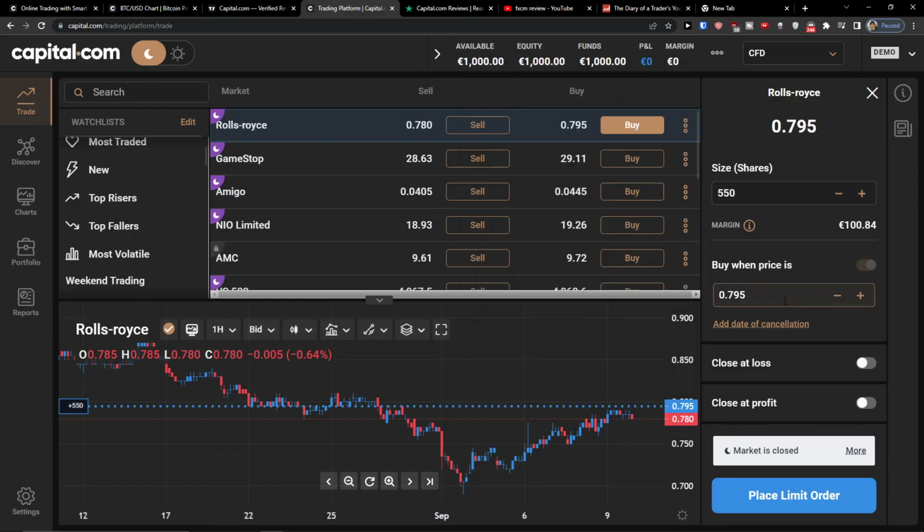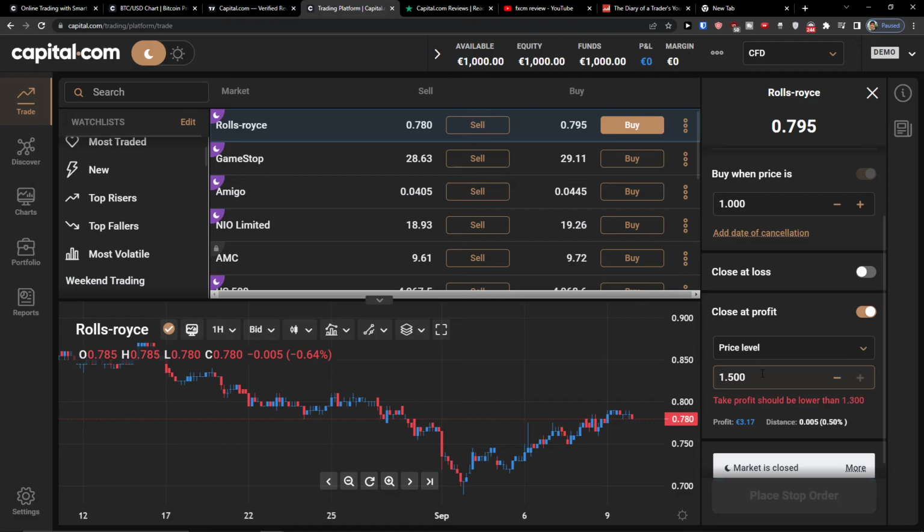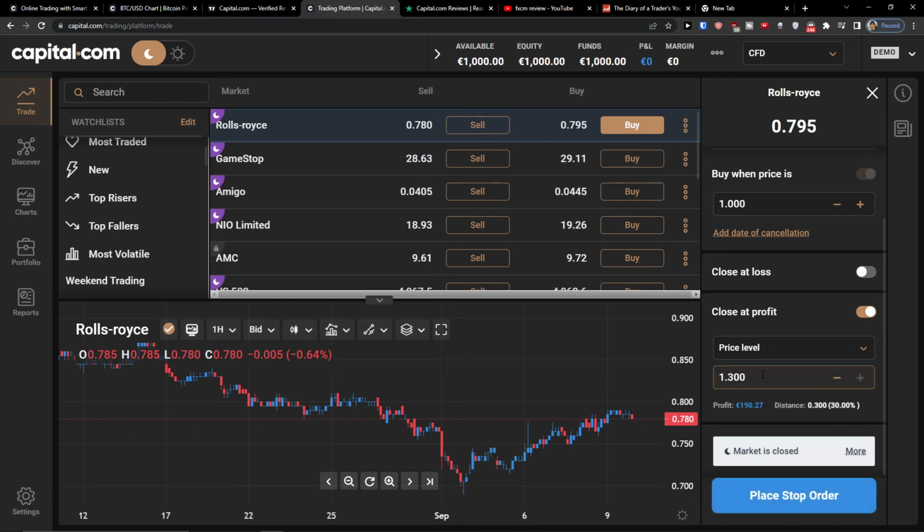Then I'm going to buy it like this, and I'm going to close at profit at 0.5. Look at this, 190 euro. So as you can see, it's really simple to use and really easy to understand.